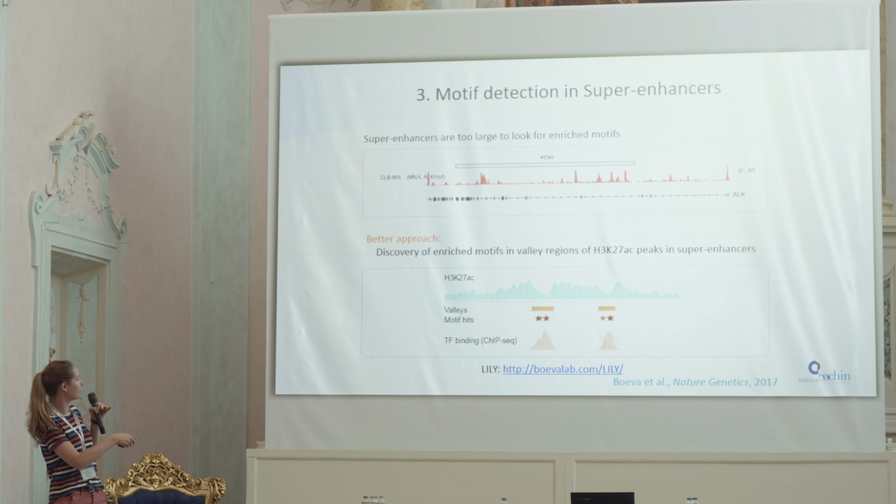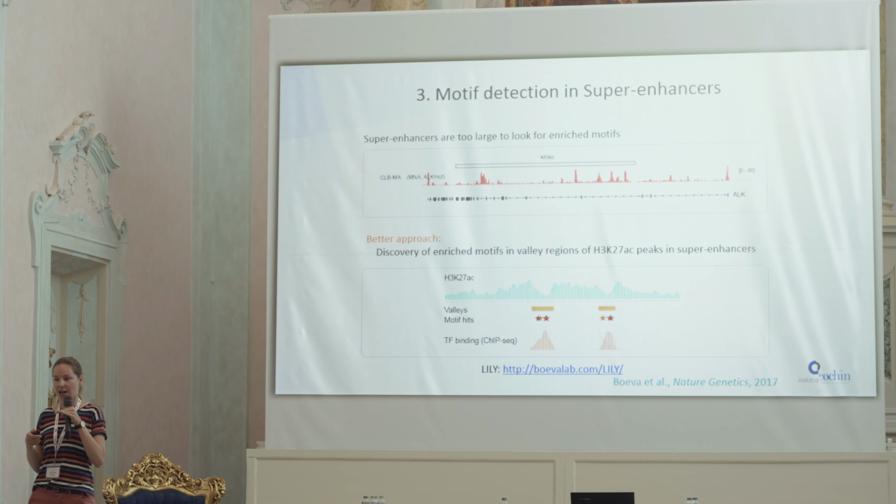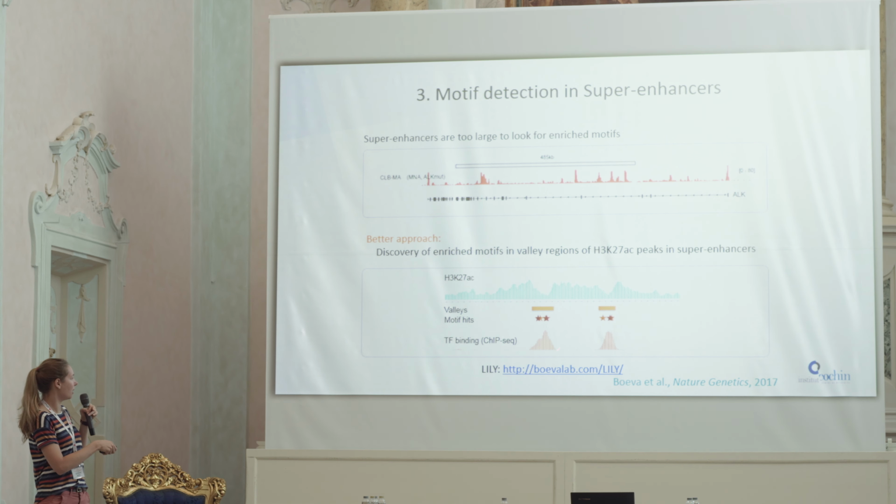This is a K27 acetylation profile. And why do you have these valleys? This is because here you measure signal on the nucleosomes, right? And if a transcription factor binds, there are usually no nucleosomes in this region. So it's an open chromatin region. When you have a binding of a transcription factor, you will have a gap in K27 acetylation.